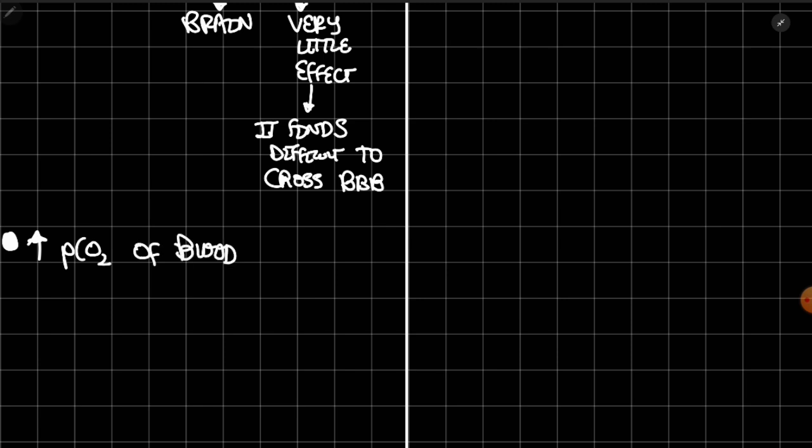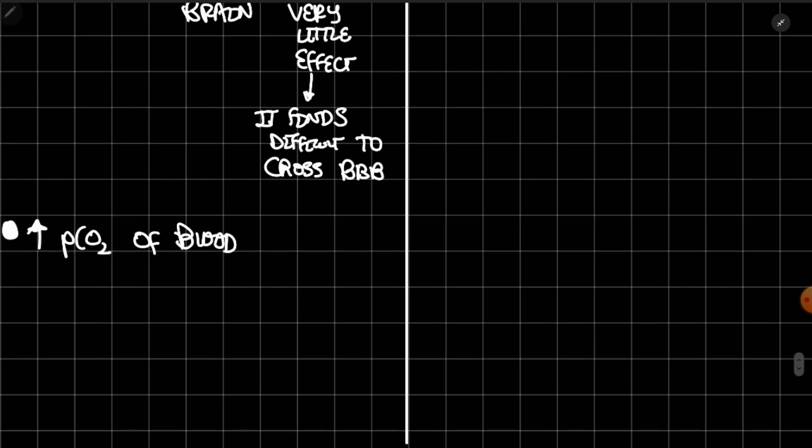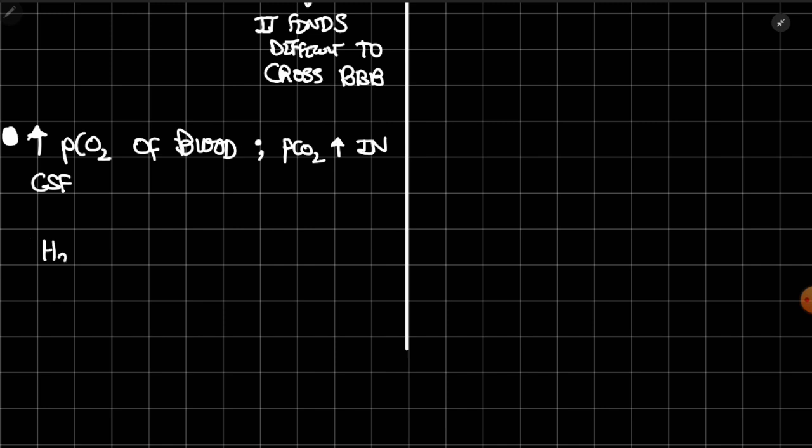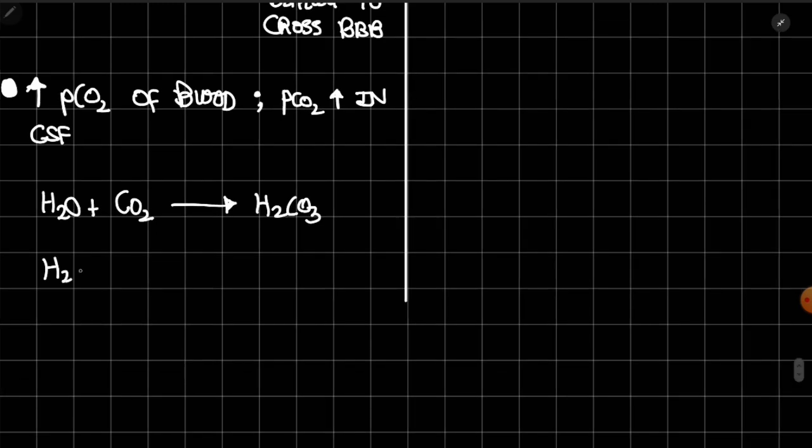If there is increased partial pressure of CO2, the partial pressure of CO2 increases in the CSF too. So the CO2, now present in the CSF in more quantity, will combine with the H2O there and form H2CO3. Now this H2CO3 breaks and gives us H plus plus HCO3 minus.